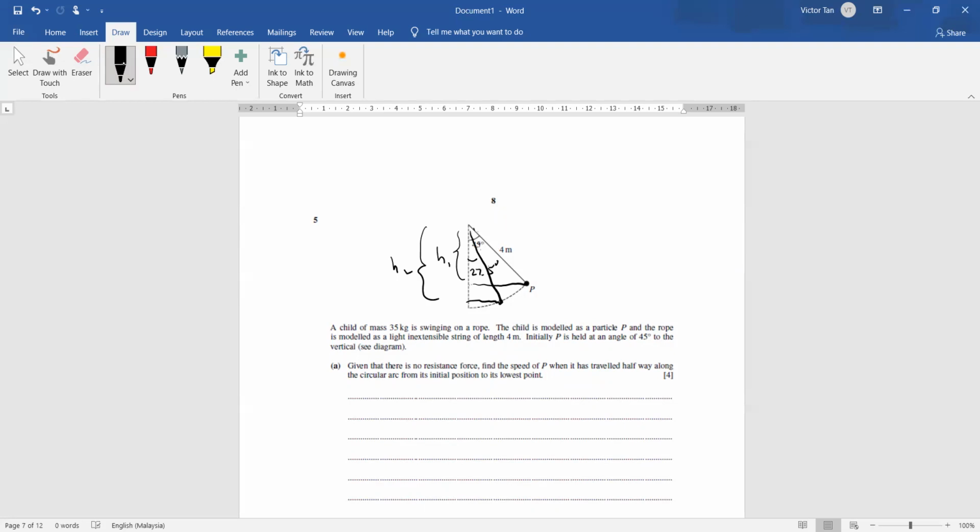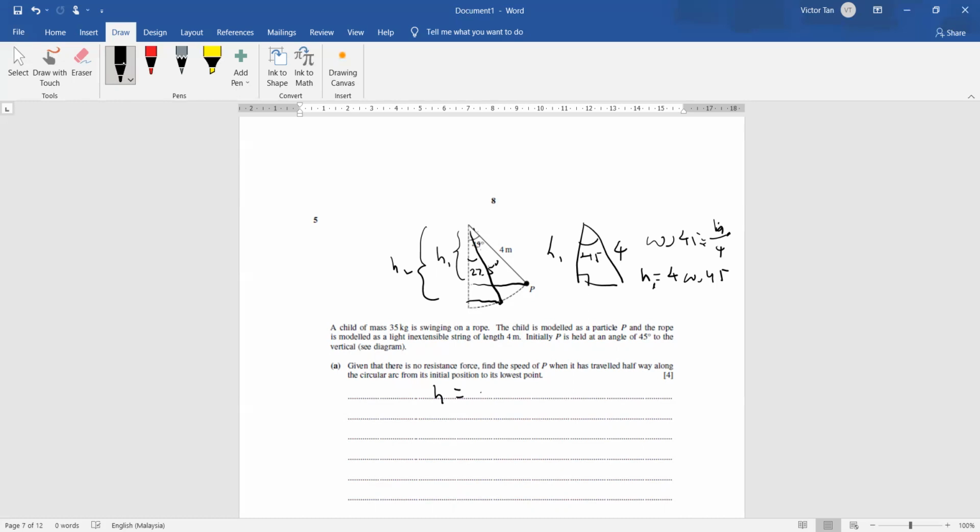So the height it would have fallen is, I'm going to draw the triangle. This is 4. So you have cos 45 equals h over 4, h1 equals 4 cos 45.